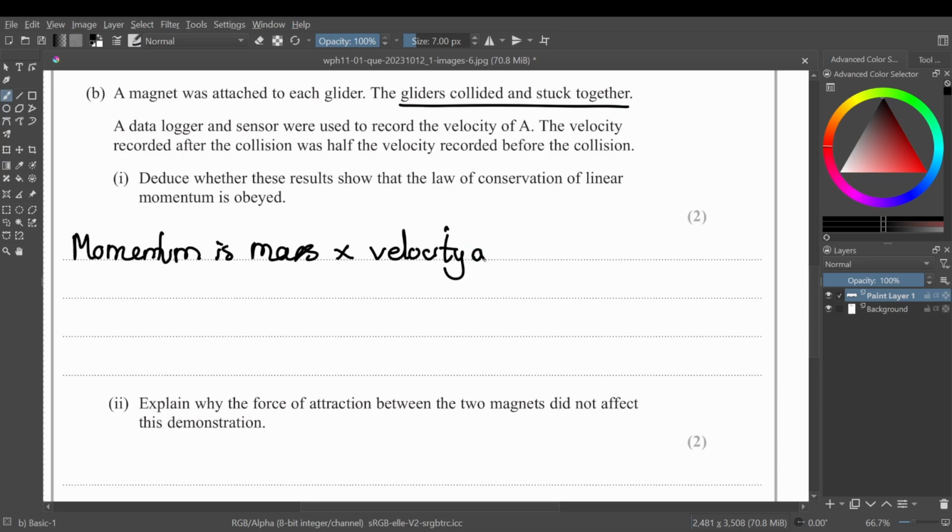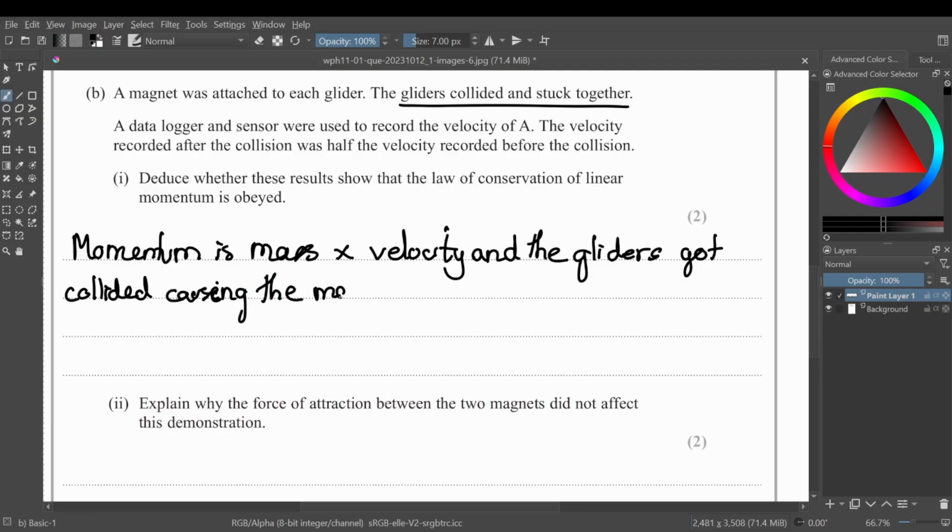So basically, the colliders got collided, causing the mass value to be doubled, right?